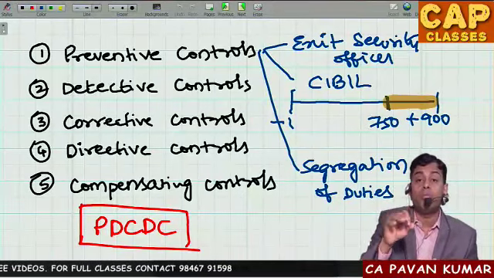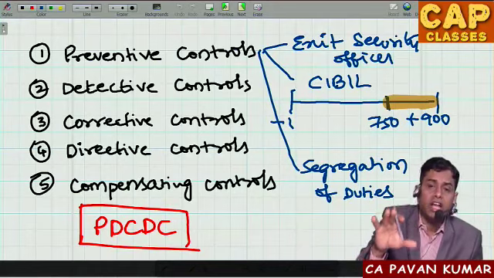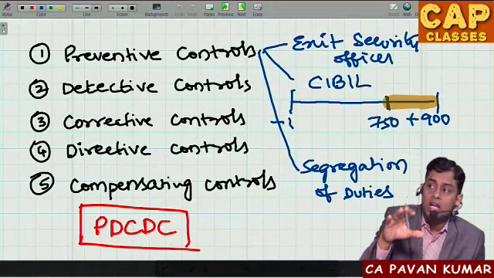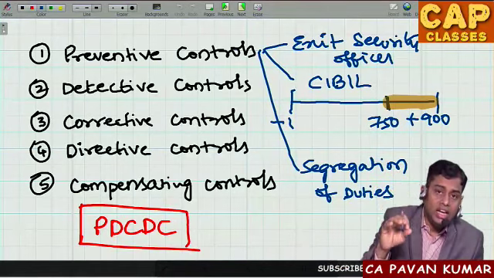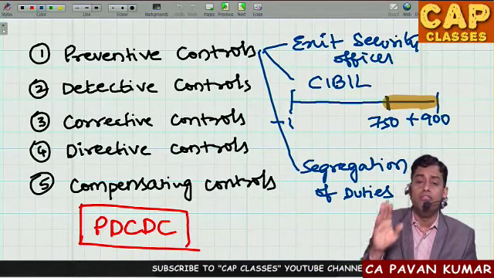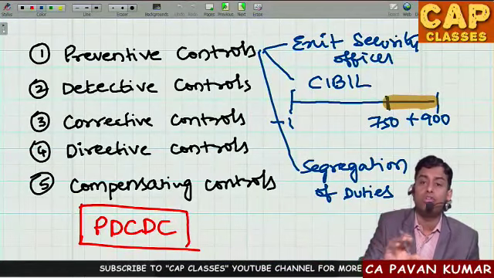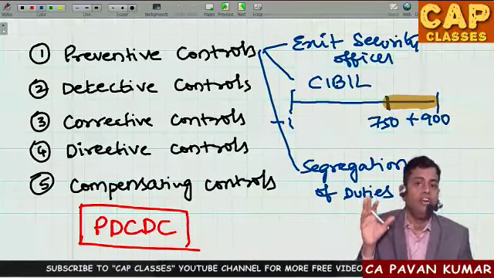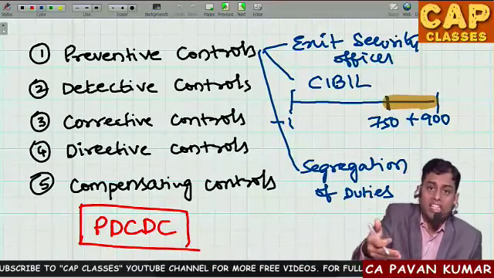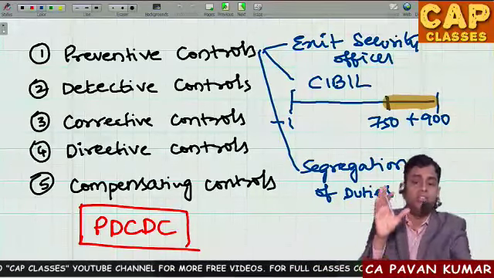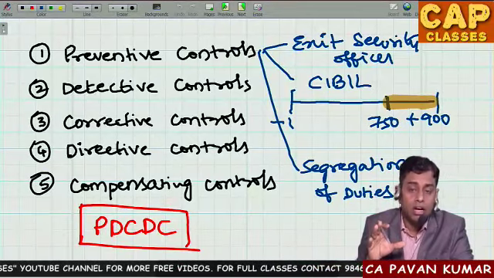So the internal auditor is necessary for that. And then I told you that there are 5 types of internal controls, starting with preventive control, detective control, corrective control, directive control and compensating controls. So these are 5 controls, and we have discussed preventive controls in detail in this video lecture. So in part 2, the next video, I will be explaining detective, corrective, directive and compensating controls.